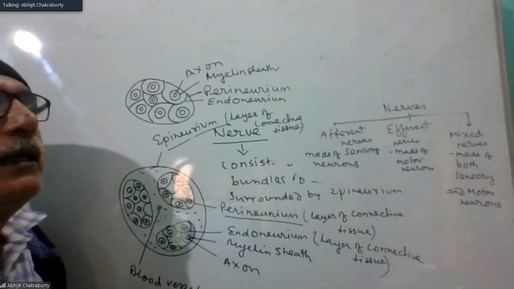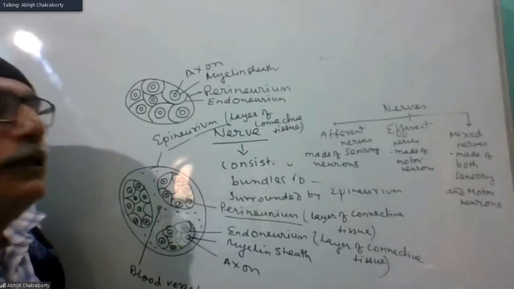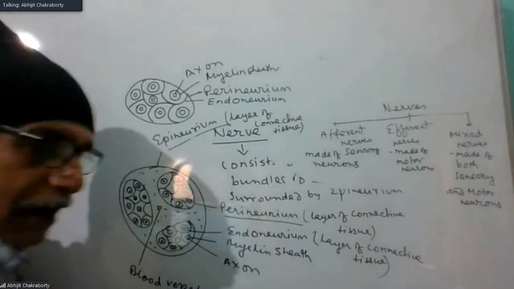The neurons that carry impulse from receptor to CNS.